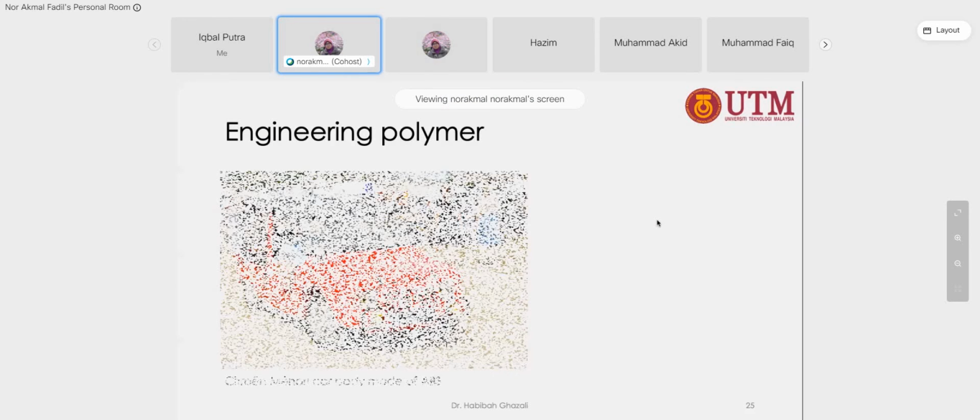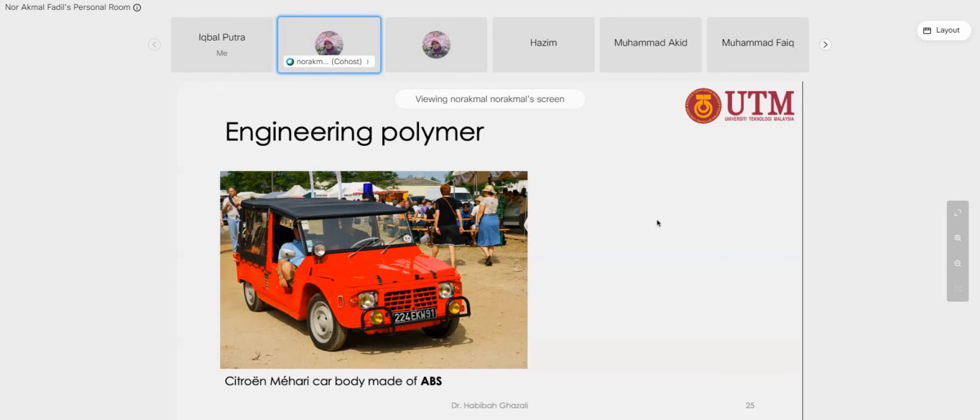So the engineering polymers, okay, we use for car body, like ABS. Okay, of course it is weak compared to the metal car body, but it is among the hardest polymers.